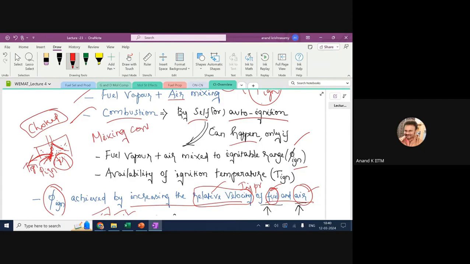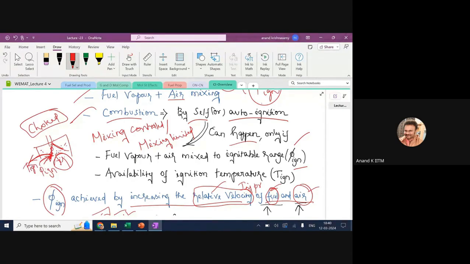Unless there is an appreciable fuel and air motion, unless there is mixing, there is no combustion at all in a CI engine. So the overall combustion event can be referred to as a mixing controlled or mixing limited combustion event.